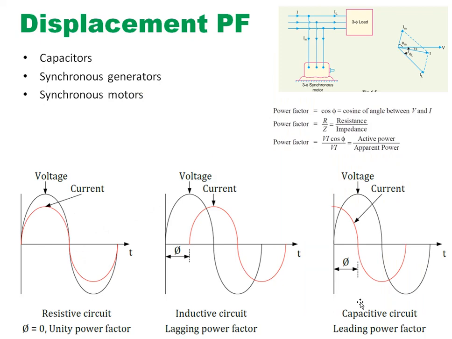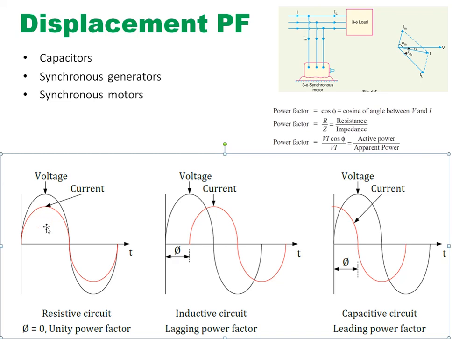See, the low power factor issue, how it has happened. One cause I am saying is displacement power factor, power factor due to displacement. What is that? In the very first figure here, voltage and current are in phase.